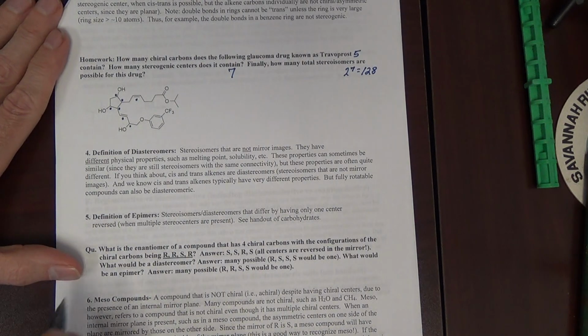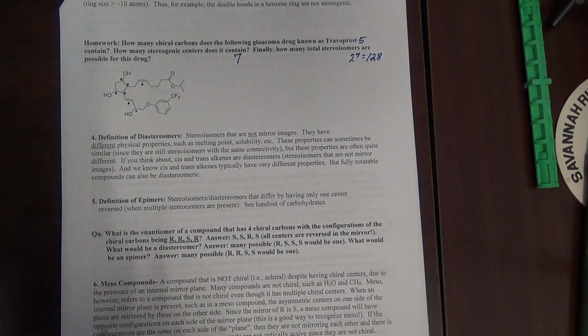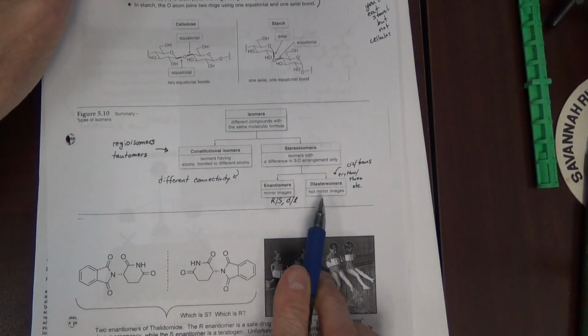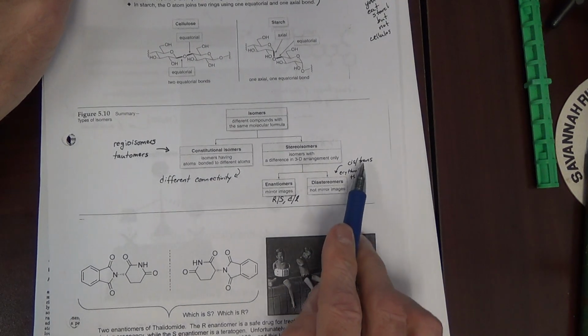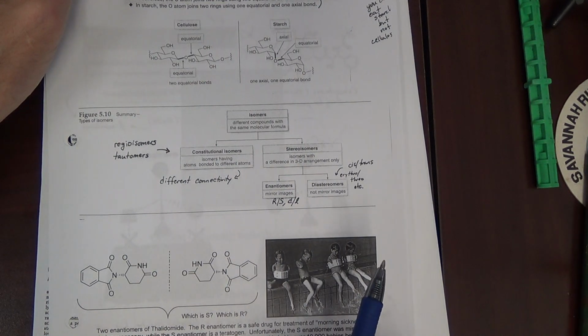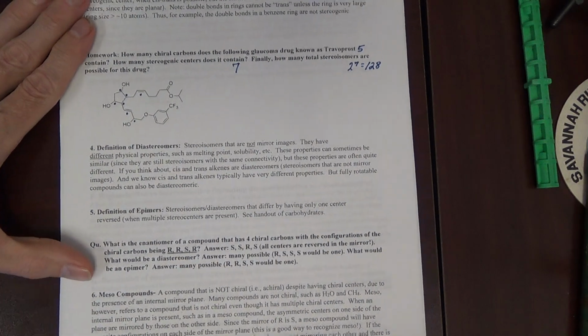Okay, there we go. Definition of diastereomers. We've actually mentioned that several times already. In our diagram here, stereoisomers that are not mirror images, such as cis-trans, erythro or threo, are diastereomers.